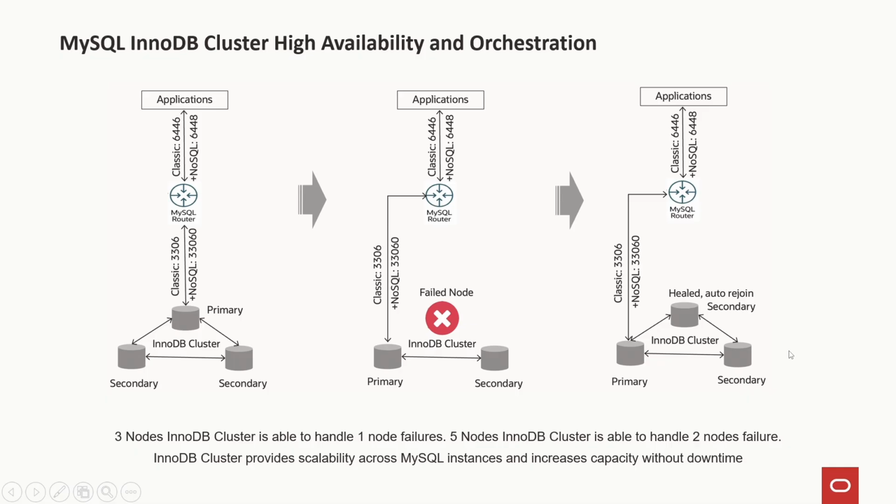An application needs to connect to a router. We have a read-write port. If the application connects to the read-write port, the connections will be diverted to the primary. The router also has a read-only port. If the application connects to the router using the read-only port, the connection will be diverted to a secondary. We also have a read-write split.